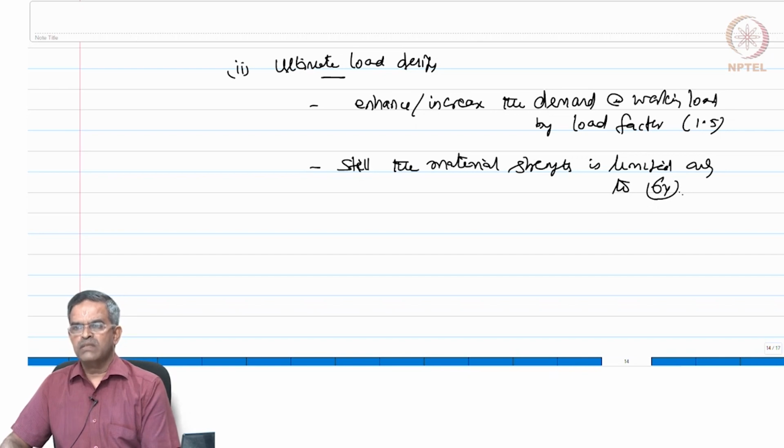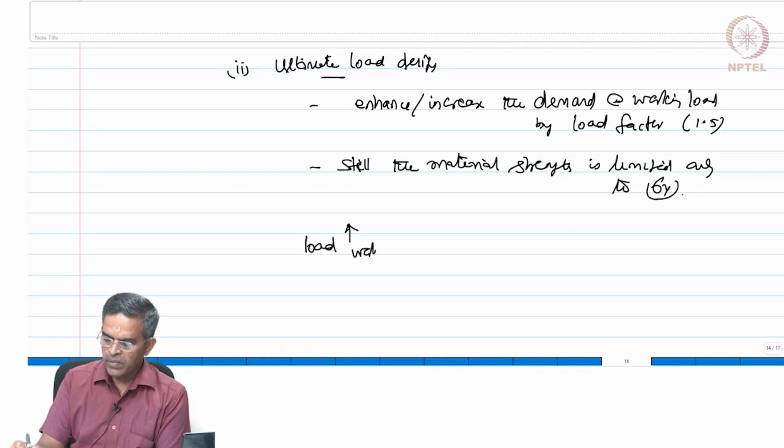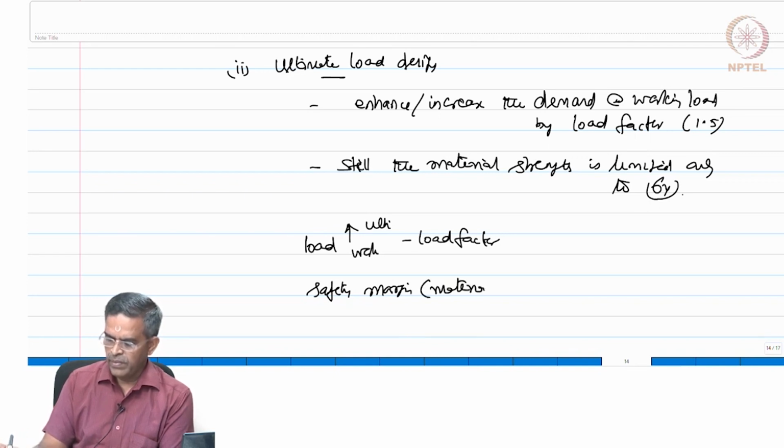The safety margin present in the earlier design method remains unchanged, but the load has been increased from working load to ultimate load, right. So, what we did is we have increased the load from working to ultimate using a load factor, but the safety margin of the material is not changed.